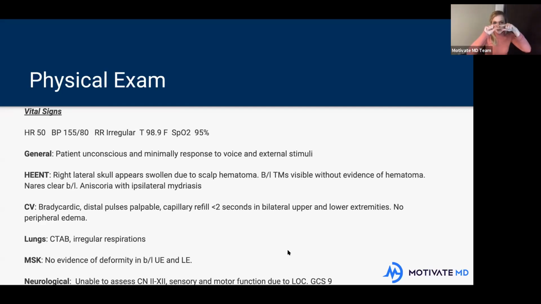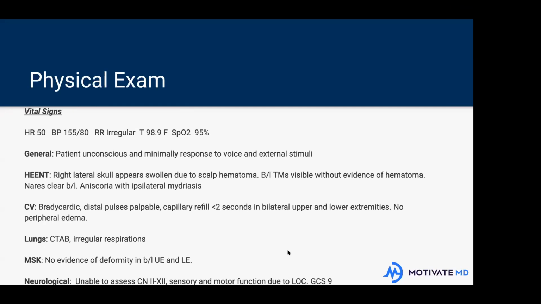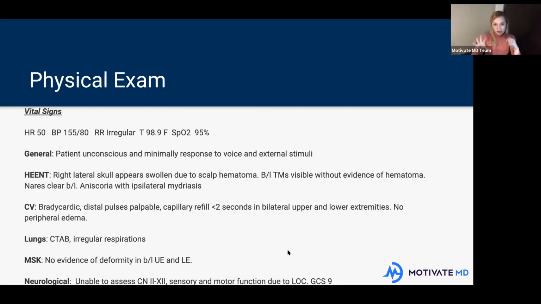So literally you're pinching their finger and then you let go and you count how many seconds it takes for it to pink up again. So you can do that in their fingers, you can do that in their toes. Yes, and less than 2 seconds is normal. So if it's longer than 2 seconds, that is a clue to us that there could be some kind of vascular issue going on, or some reason why blood is moving more slowly than it should.